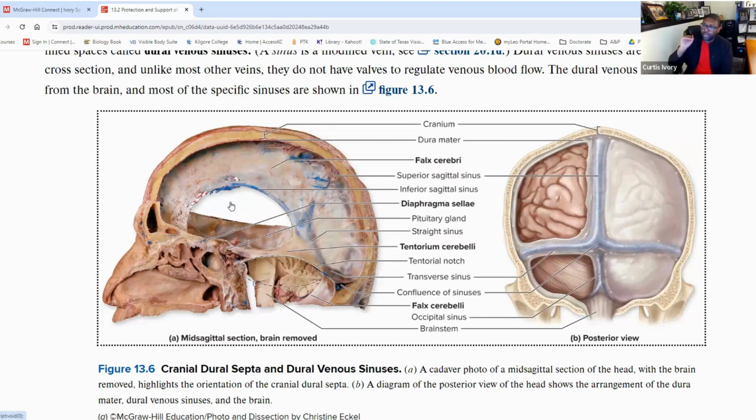It's going to be the bridge between both hemispheres. So you have to have compartmentalization. Essentially, this falx cerebri is going to separate the left side from the right side of the brain. And then here we can see the sinuses, which are going to drain blood away from the brain, from the blood-brain barrier.